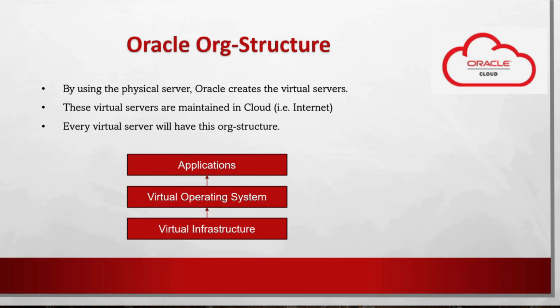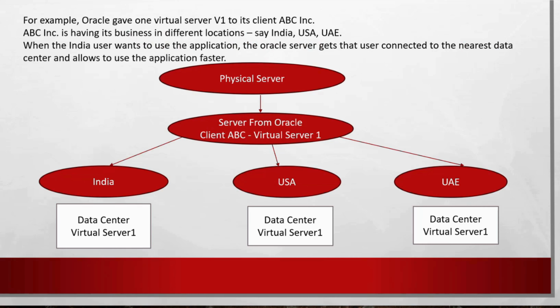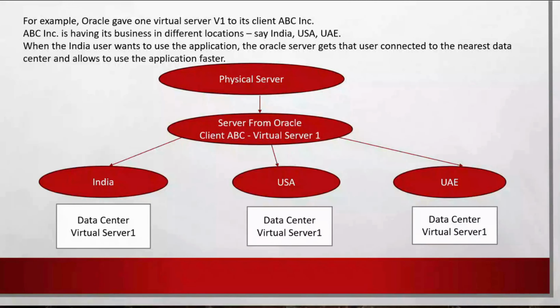Let's take one example. Oracle gave one virtual server V1 to its client ABC. ABC is having its business in different locations, say India, USA, UAE, and so on. Trying to understand how Oracle works, let's take an example.